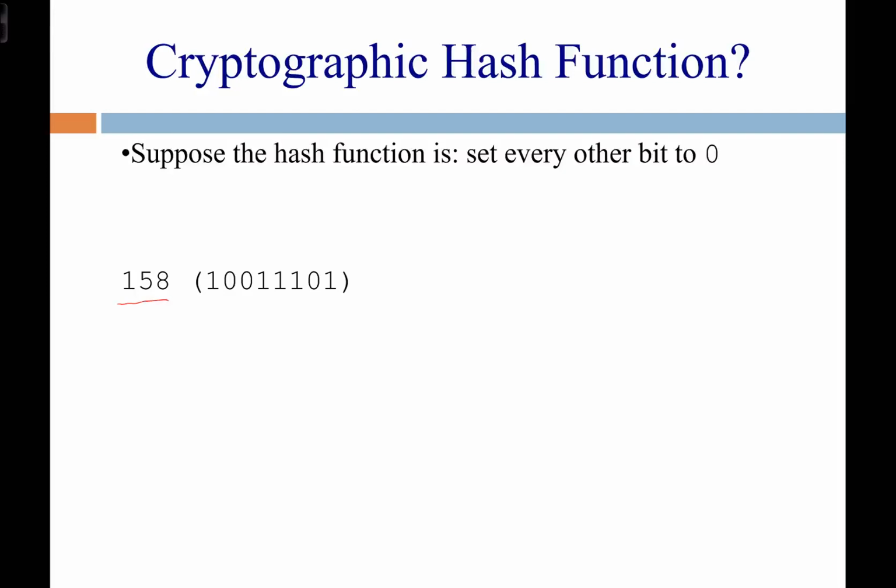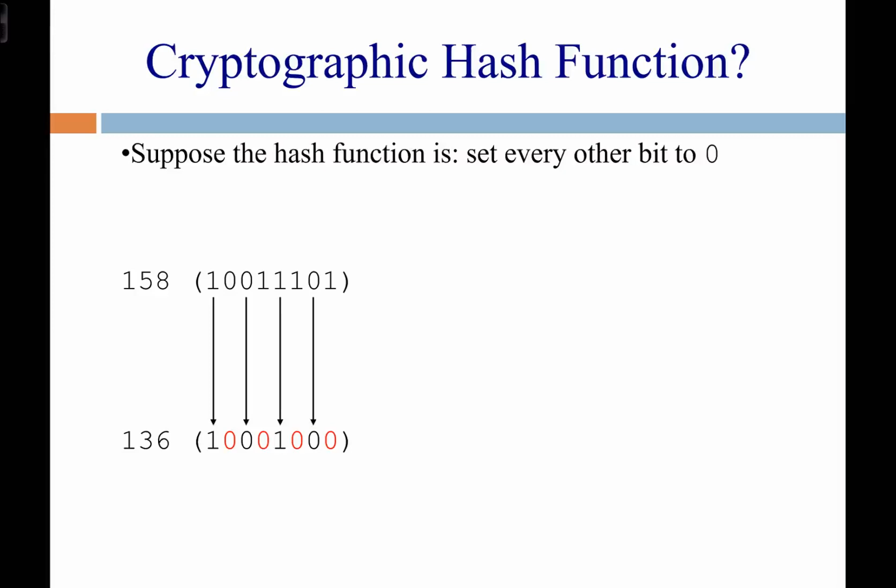So let's say 158 is my password. This would easily work on strings too. Strings are just bits. So if my password is 158, and I scramble that with this hash function, setting every other bit to 0, then I get 136, if I convert that back from binary to decimal.